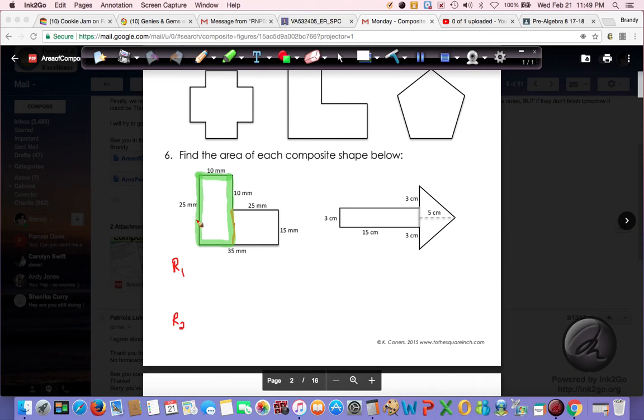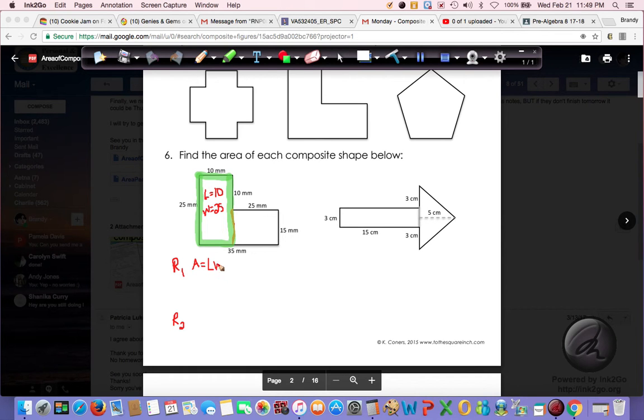Well, it's length times width. So I can say my length is 10 and my width is 25. So that's going to be rectangle number 1. So area equals length times width.